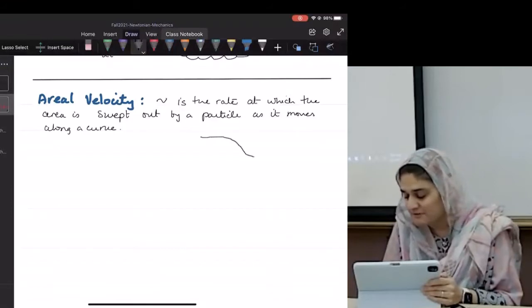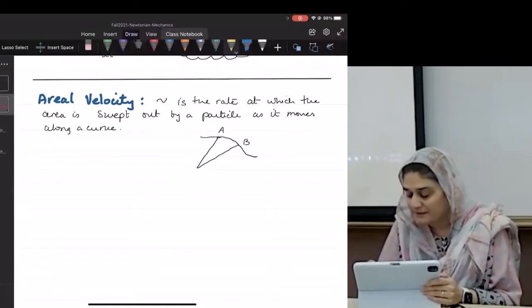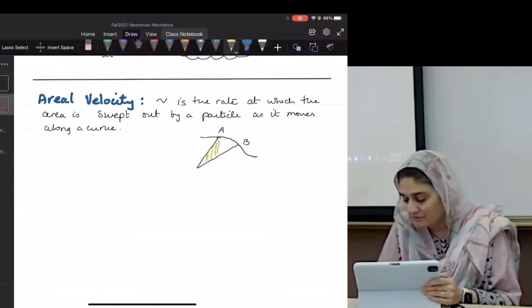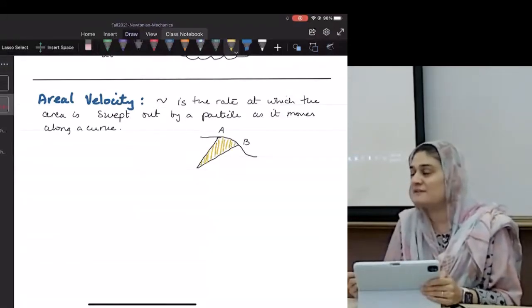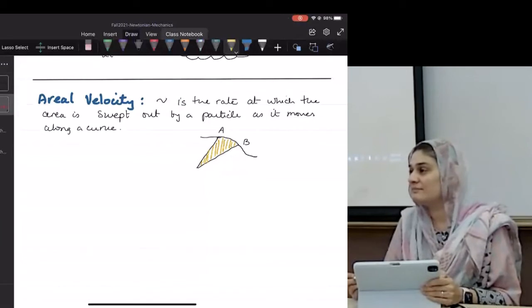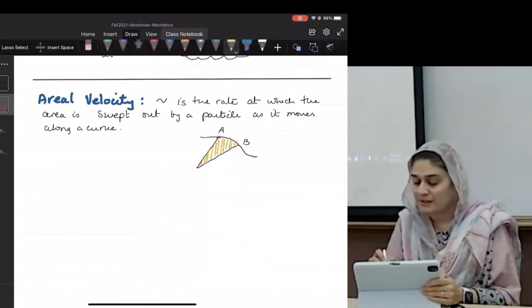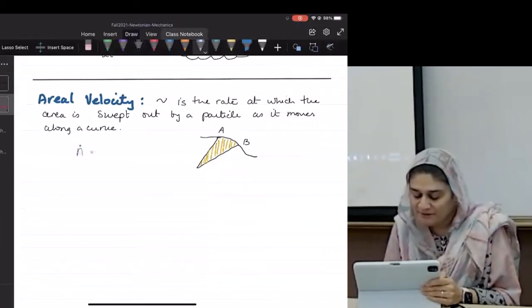As a particle moves along a curve, any curve, say from point A to point B, this area divided by the time it takes to cover this area is called the areal velocity. So areal velocity will be defined by dA over dt.